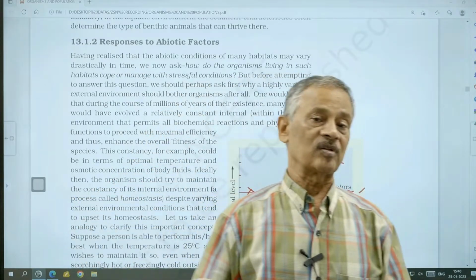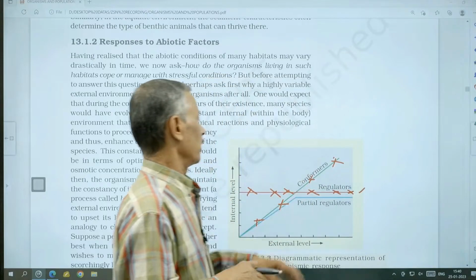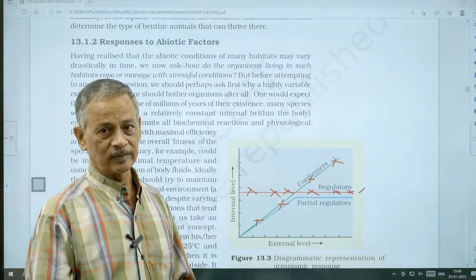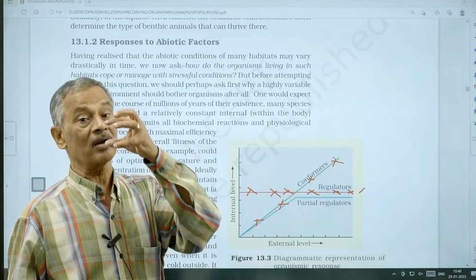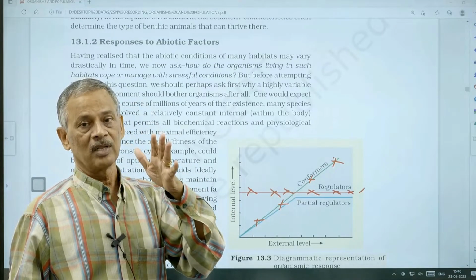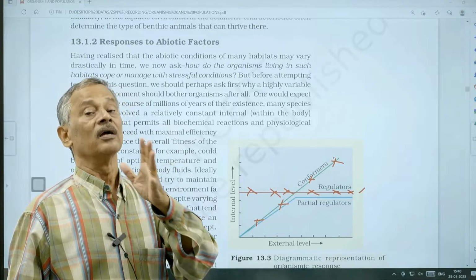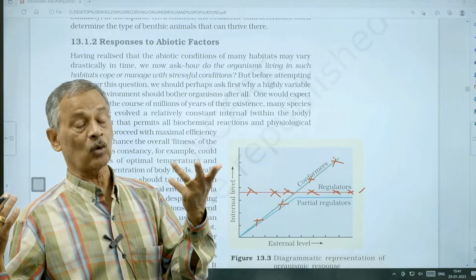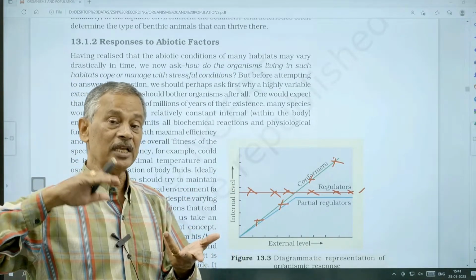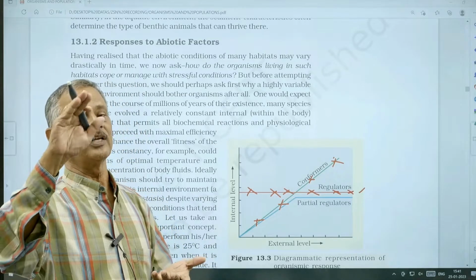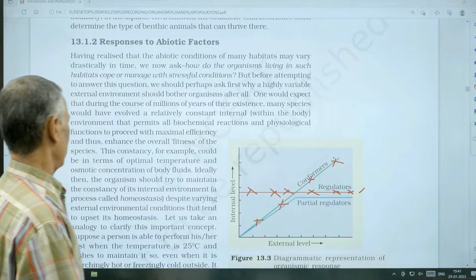Such organisms are called partial regulators. So they regulate only if the changes in the environment are small or slight. But when the changes are very high, they cannot maintain that constancy. And so they will simply change according to the changes in the surroundings. They are called partial regulators.